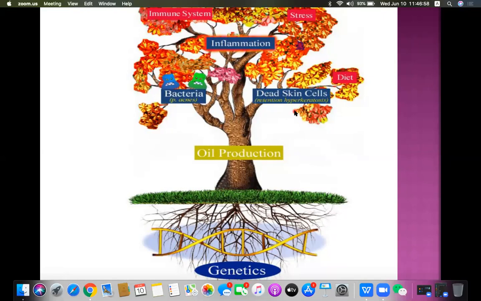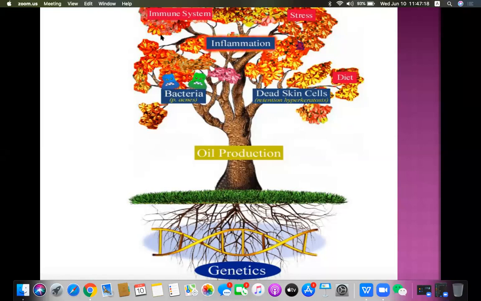Now all the problems start after that. Already they are producing more oil there, so this bacteria will be attracted to that area and will proliferate. The name of the bacteria is Propionibacterium acnes. All these things will combine together and lead to inflammation.